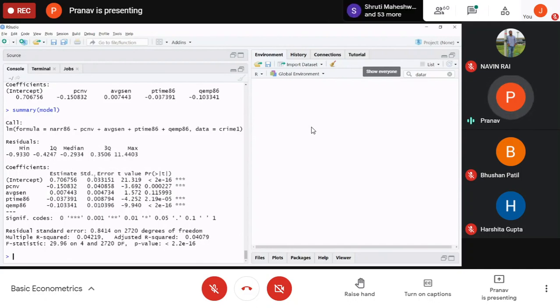Now this is the standard error associated with each of these variables. So the standard error of the intercept term is 0.03, the standard error of PCMV is 0.04, and so forth. If you remember our discussion of hypothesis testing, when you run a test of significance, that is when you are testing whether a coefficient is statistically significant or not, the T statistic is written as the value minus the mean of that value divided by the standard error of the statistic.